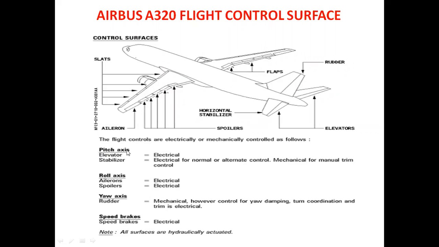For controlling the pitch axis, we have the elevator and stabilizer. For controlling the roll axis, we have the aileron and spoiler. For controlling the yaw axis, we have the rudder. For slowing the aircraft at the time of landing, we have speed brakes.